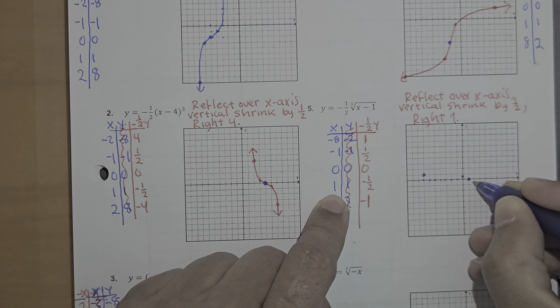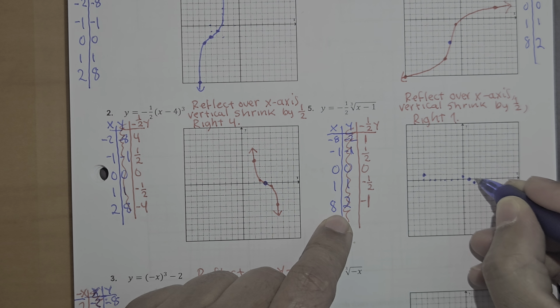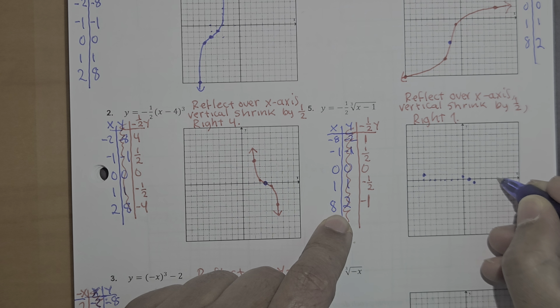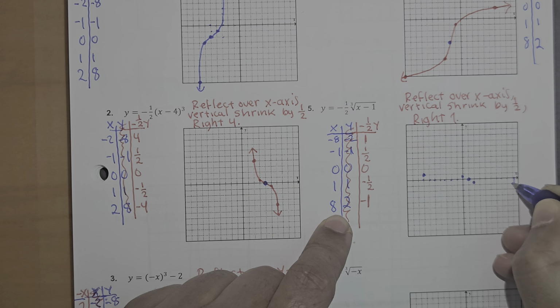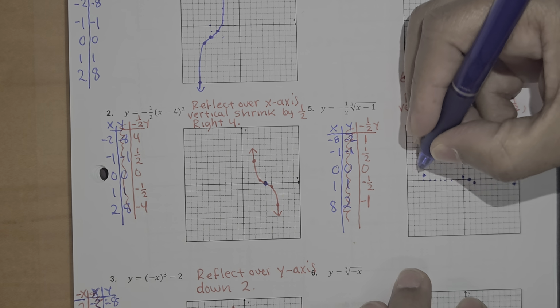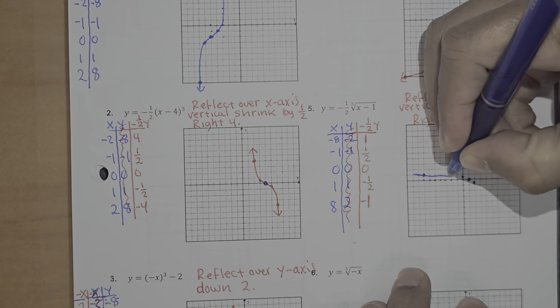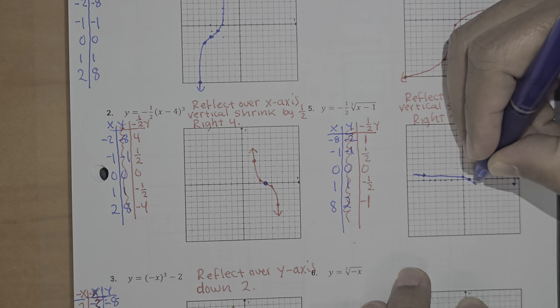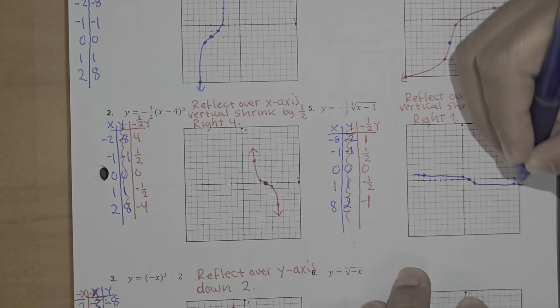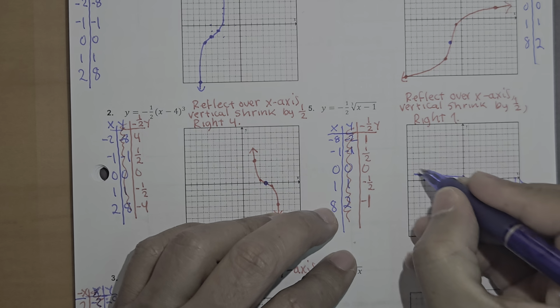So this is barely noticeable. And if I go right 1, 2, 3, 4, 5, 6, 7, 8, I need to go down 1 unit. Okay. So then I'm going to connect these points. So this is barely noticeable for this function.